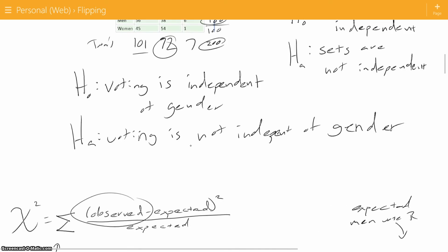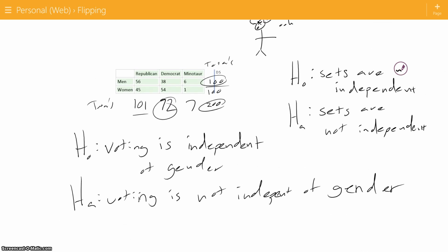Okay, we're going to do the same thing again. You just take the total. If I want to get my expected number of men who vote Republican, I would just take the total number of that column times the total number of the row, and then divide it by the total number of people that I've got in my survey in this case.